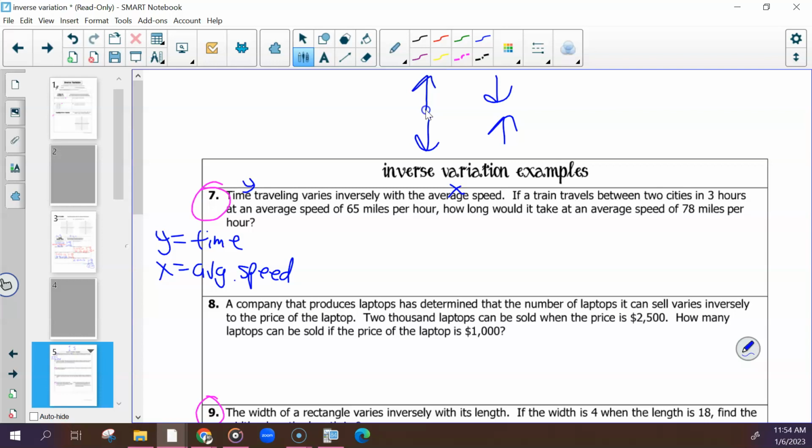Look at what you're given. So if a train travels between 2 cities in 3 hours, that would be your time, your y. At an average speed of 65 miles per hour, your x. Use that to find your k value. Multiply them together.